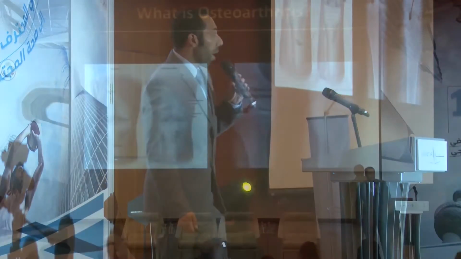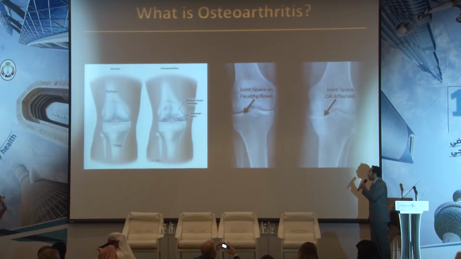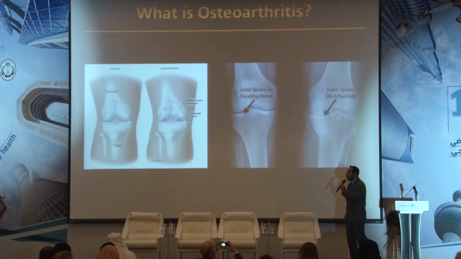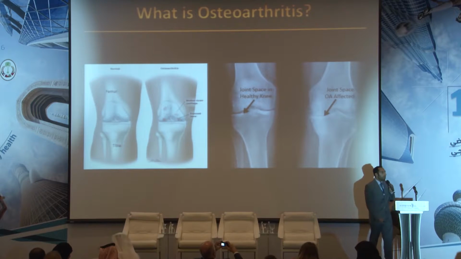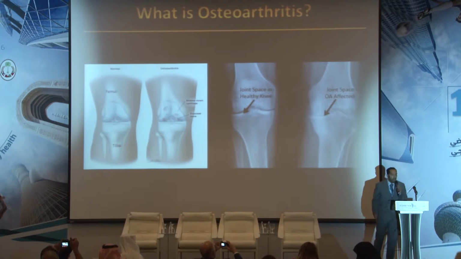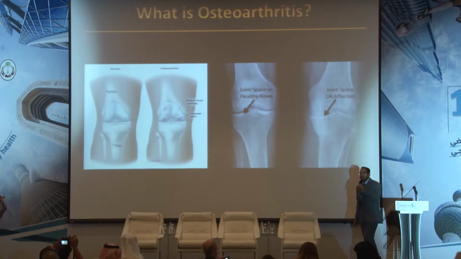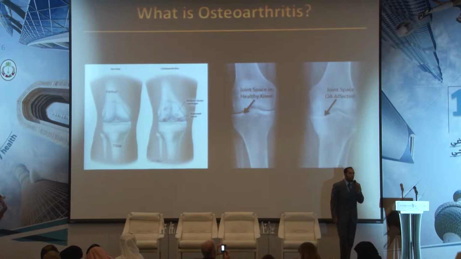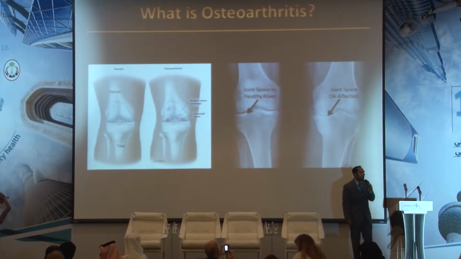What is osteoarthritis? In a simple way, if you see the knee here on the left side, you have a femur and tibia. At the end of the femur, you have cartilage, which covers the end of the bone. The main function of the cartilage is to prevent friction of the bone, as well as to let the joint move easily.